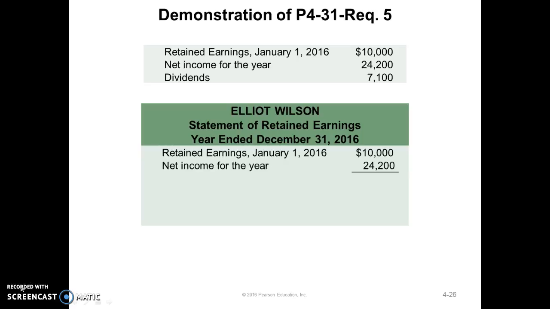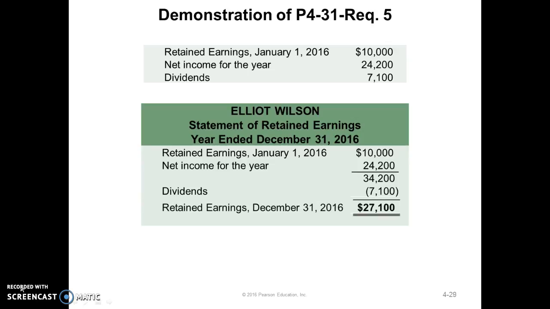So 10,000 plus the 24,200 is 34,200, and we're going to subtract the dividends because we're paying out the dividends to the people that own the company. So we're taking that money out of the business. In other words, we're not retaining that income because we've paid it out. And what we've now actually retained is 27,100.